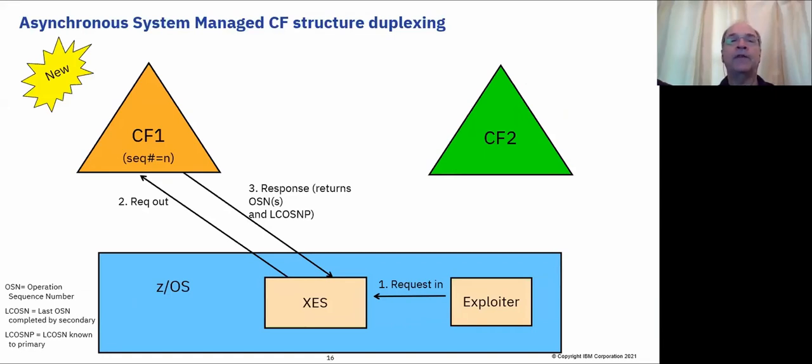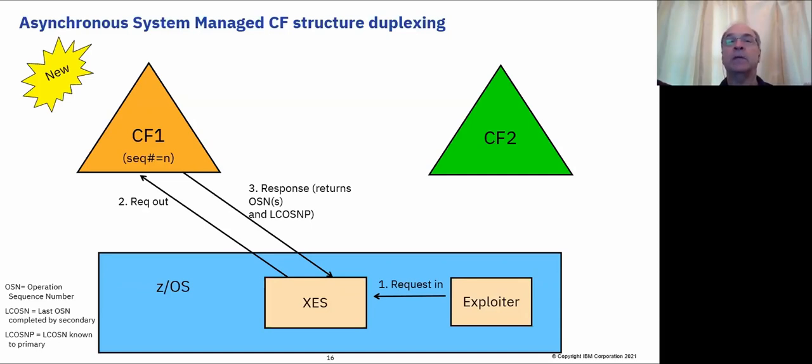Now, on the lower left, I've put notes about the ways we think about sequence numbers. There's the sequence number for the request itself. Then there's the last sequence number that's been handled by the secondary. We'll get to that later. And then there's the last sequence number that the secondary completed that the primary actually knows about. So the primary is going to send back the response to the request with the sequence number for the request and the last sequence number that the primary knows the secondary has completed, so XCF can keep track of what's going on.